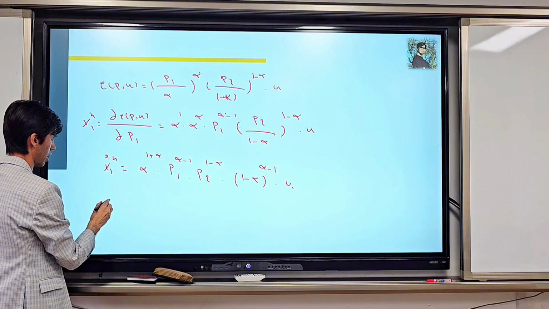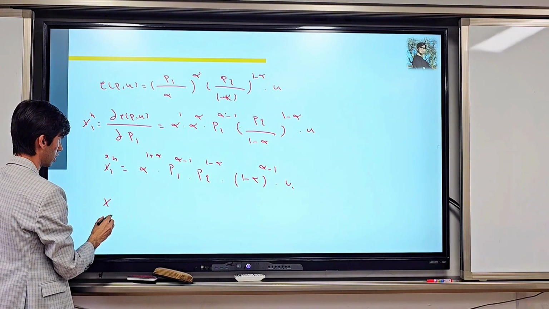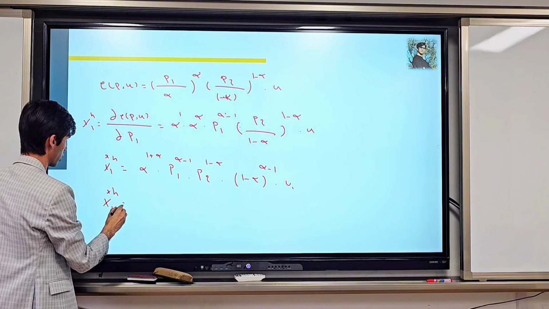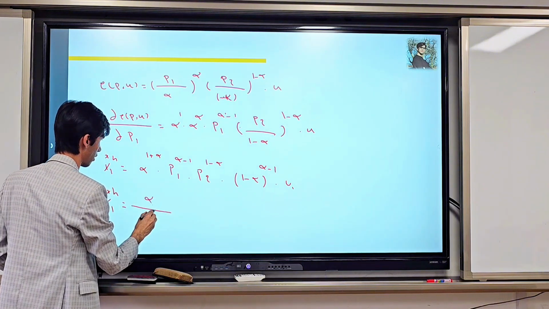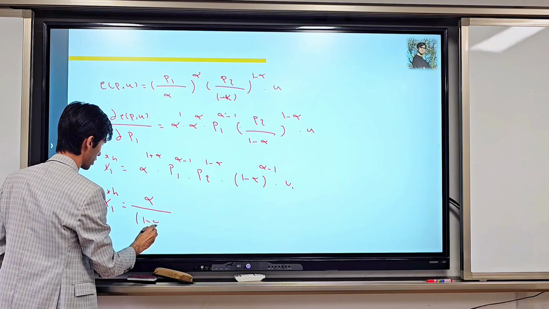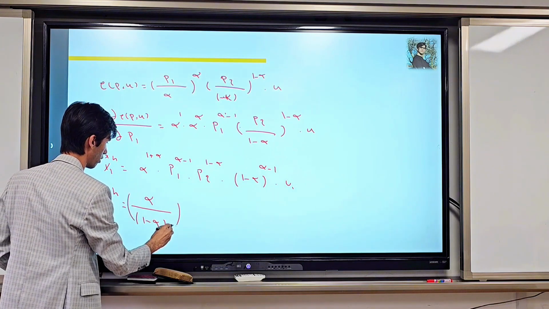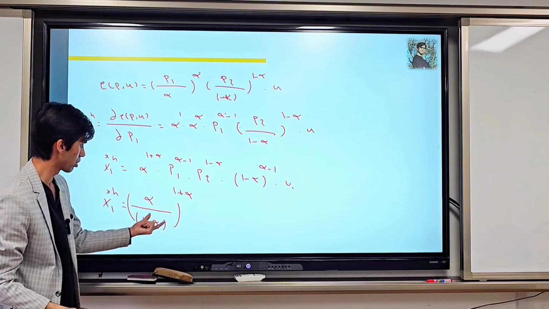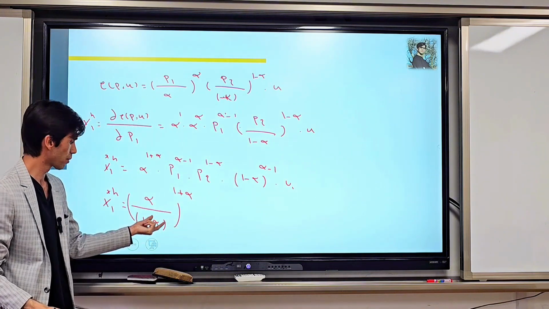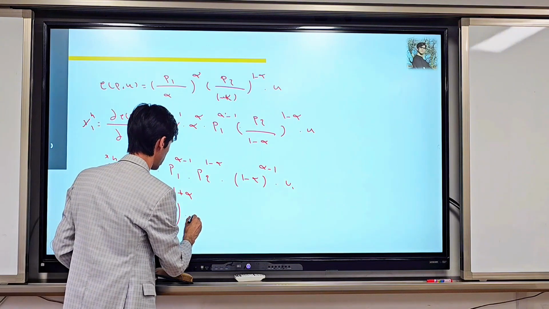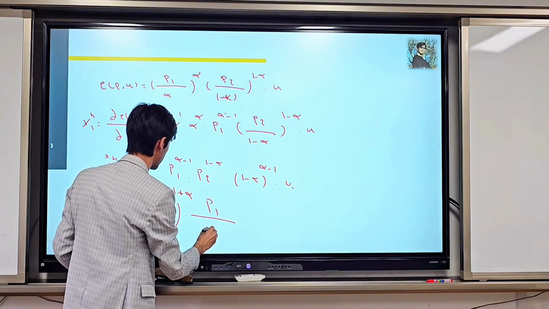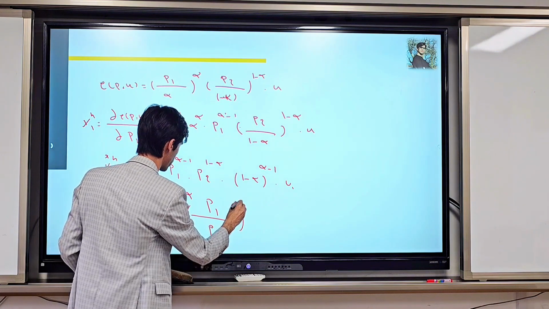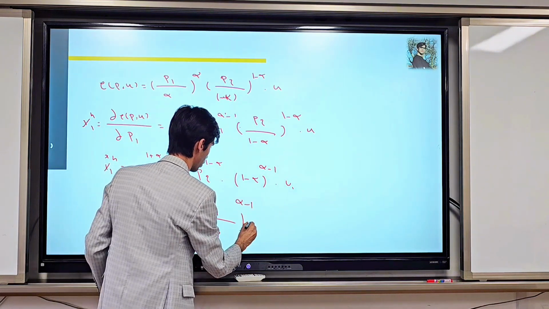So we can write down this one as x1h star is equal to alpha divided by (1 minus alpha) to the power of 1 plus alpha, because when we move this one to the denominator, the sign will shift. So multiplied by P1, so move the P2 here, again the sign of P2 will shift, alpha minus 1, multiplied by U.